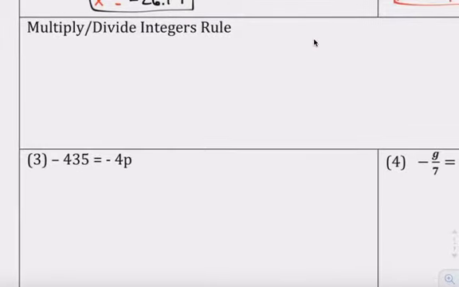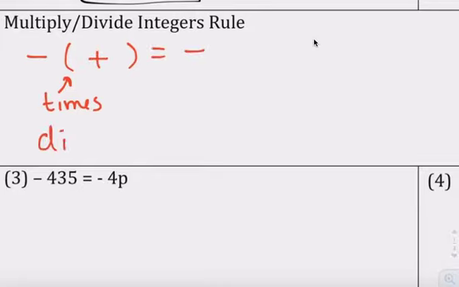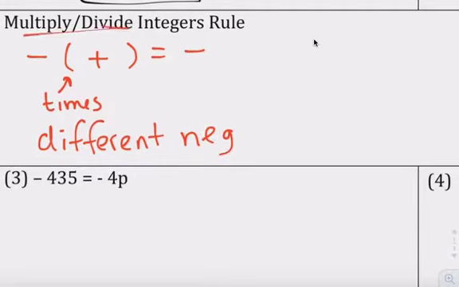Rules for multiplying and dividing integers. If you have a negative times a positive, your answer is a negative. So when the signs are different, it's negative, all the time. This is not the adding rule. In adding and subtracting, the bigger number takes the sign. For multiplying and dividing, different signs equal a negative.